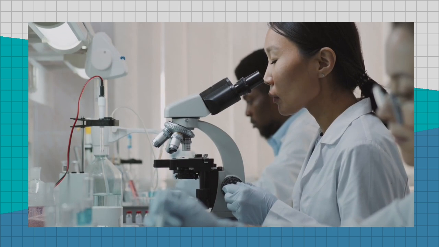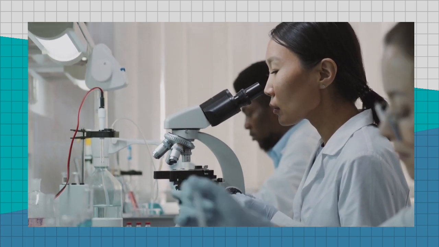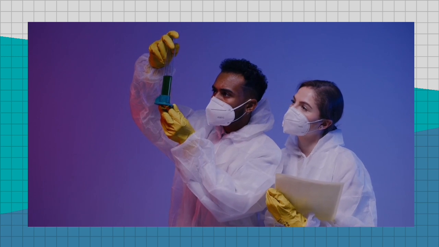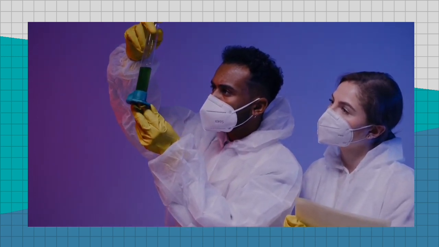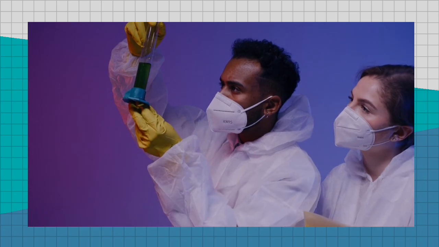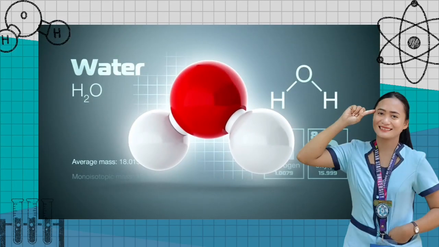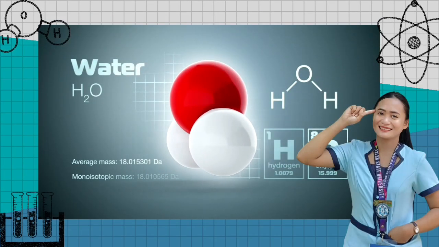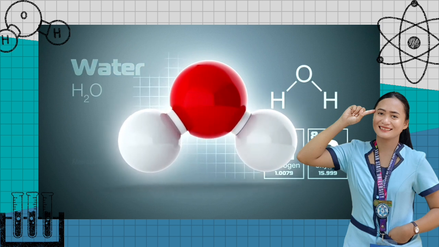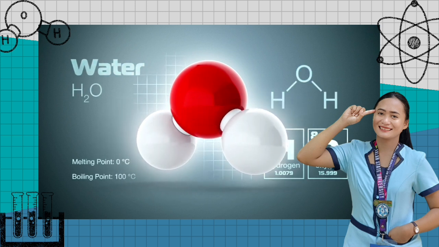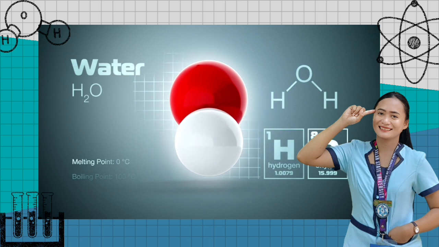Molar mass is numerically equal to the atomic mass or molecular mass. 1 mole of a compound also contains Avogadro's number, but as molecules and not as atoms. For example, 1 mole of water with a molar mass of 18 grams has 6.02 times 10 raised to the power of 23 molecules of water.